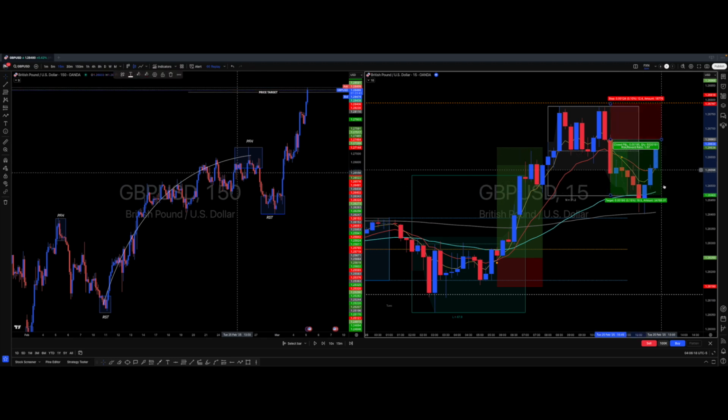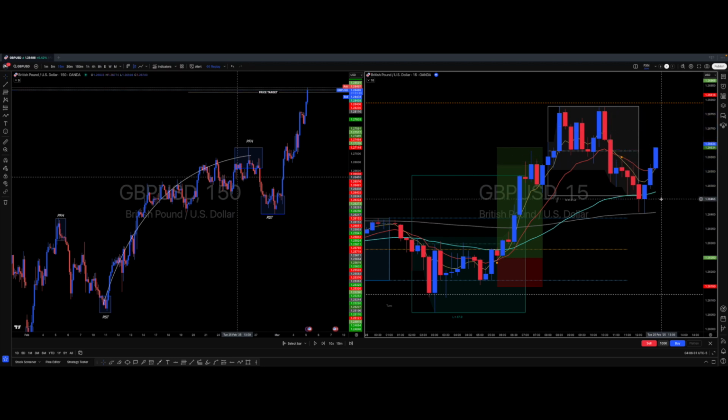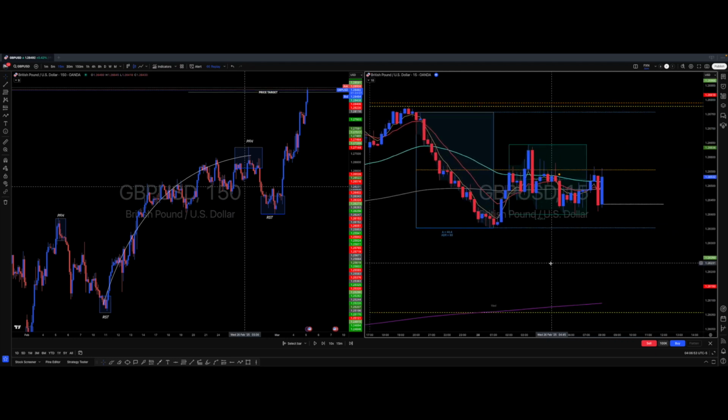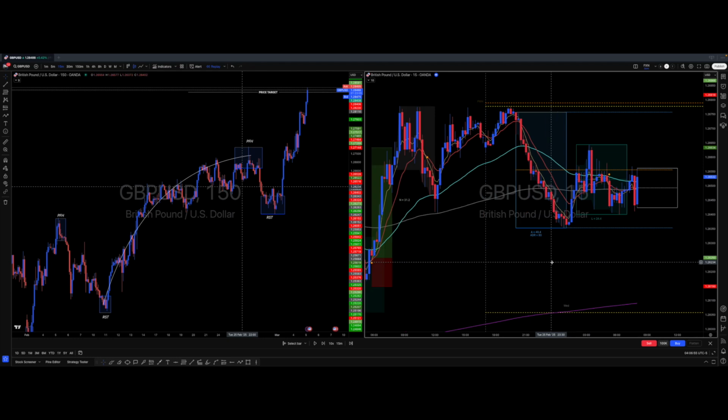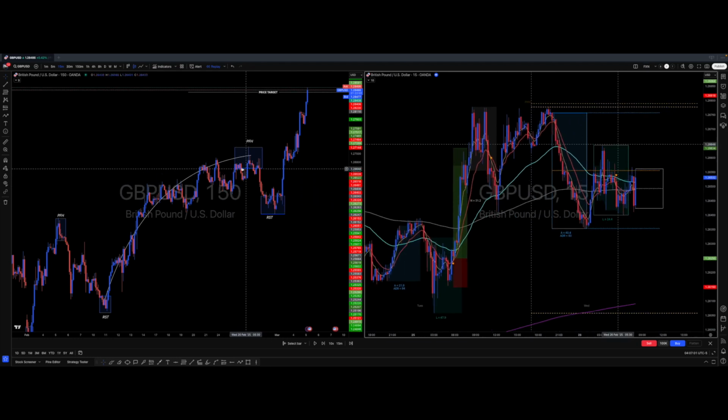You get a 1.5 to 1 risk to reward ratio on the 50. For me, it's just not something that I would take, because I would only want to take 2 to 1s to the 50. Now, as we move into Wednesday, again, we're in this area now on the 1 hour chart.